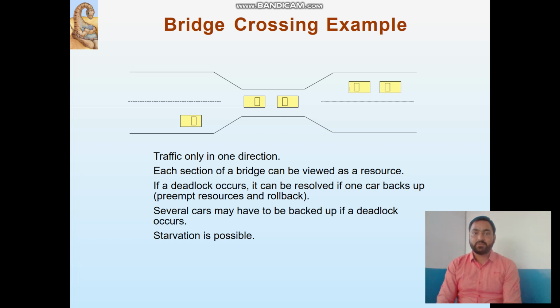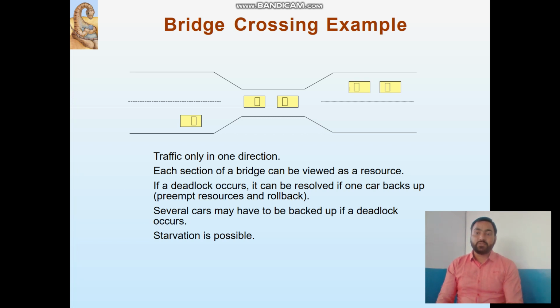Obviously, if there is a condition of congestion on the road, then you have to force a particular vehicle to reverse, and then other vehicles can pass through the bridge.